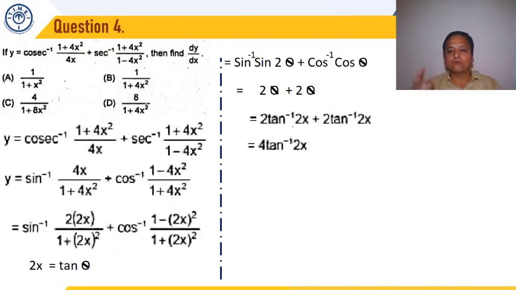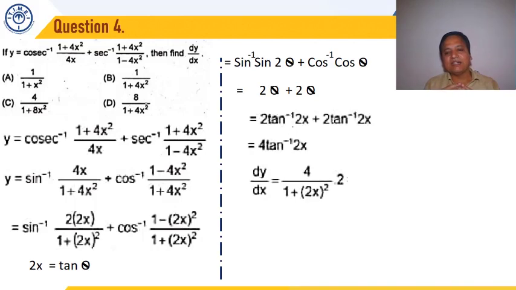So this comes out to be 4 tan inverse 2x. That means the entire value of y comes to equal 4 tan inverse 2x. We have to find dy by dx of that expression. These steps we have written just to simplify y before starting dy by dx.